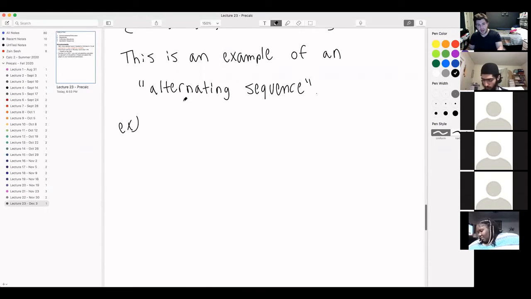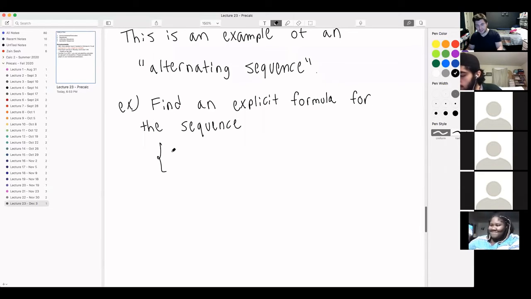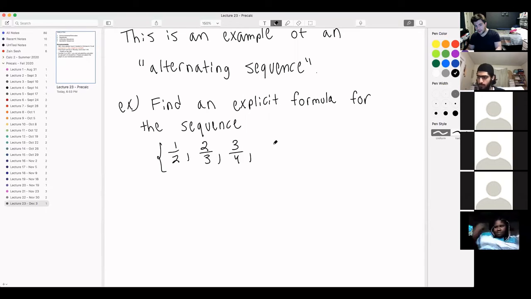So example, find an explicit formula for the sequence. So I'm going to give you a sequence in a list. So the sequence is 1/2, 2/3, 3/4, 4/5, and so on forever.